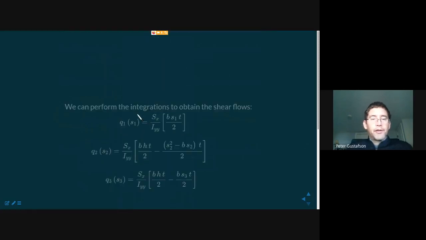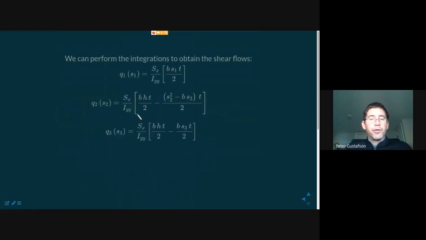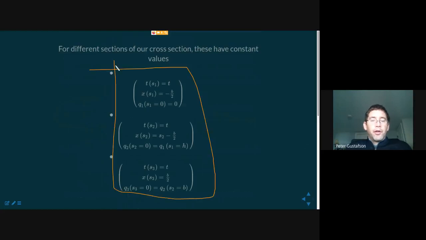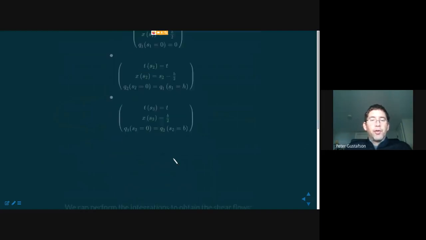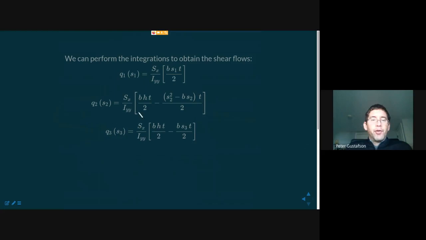Okay, so all of that to say, here are our constant values. I should say they're not all constant. Of course, in one of them, this one here, the position is a linear function of S2. We can then compute the integrals themselves. I imagine you guys can do that relatively easily.